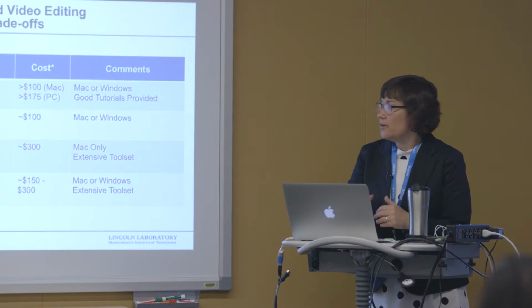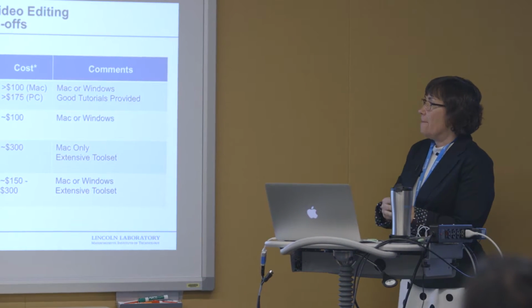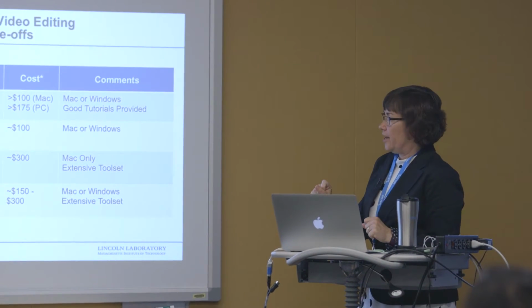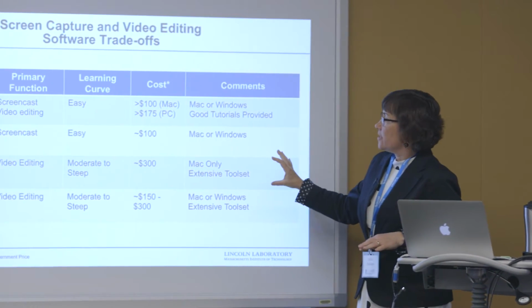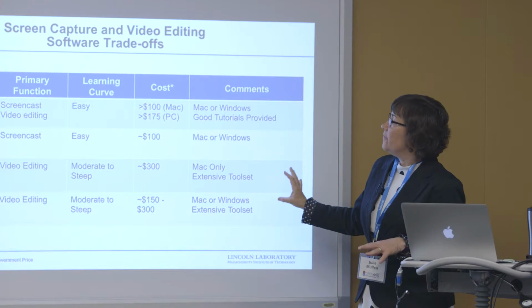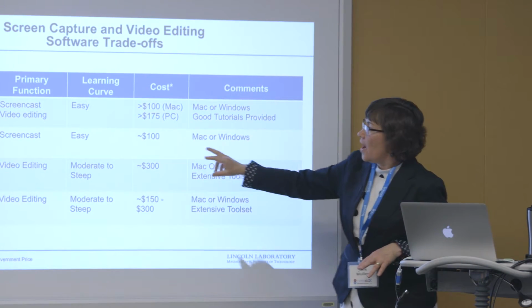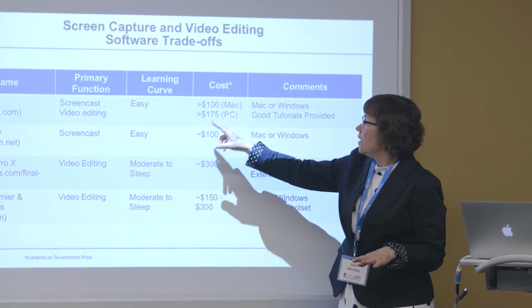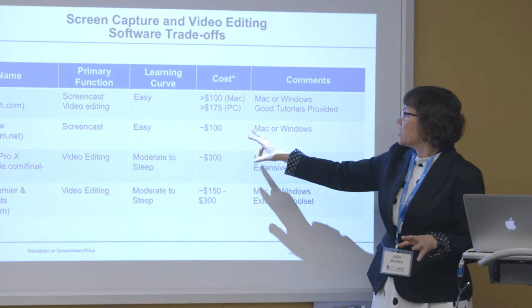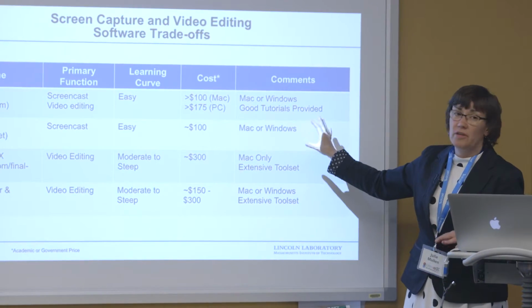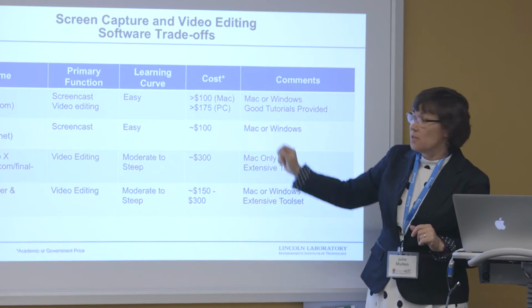Okay, so in summary, here are some of the software trade-offs. These are for the screen capture and video editing. You have things that are very easy to use and fairly inexpensive, and there are some really good tutorials for these. That's part of the reason that we use them.